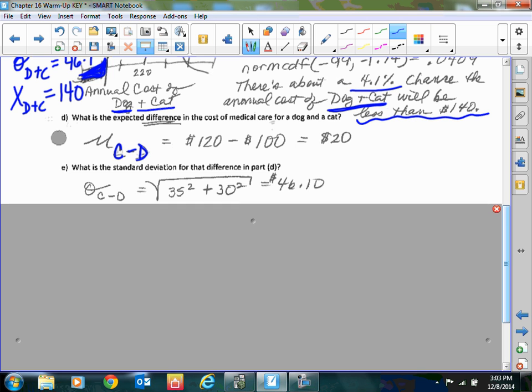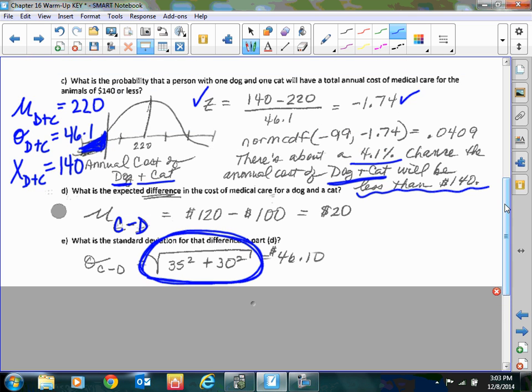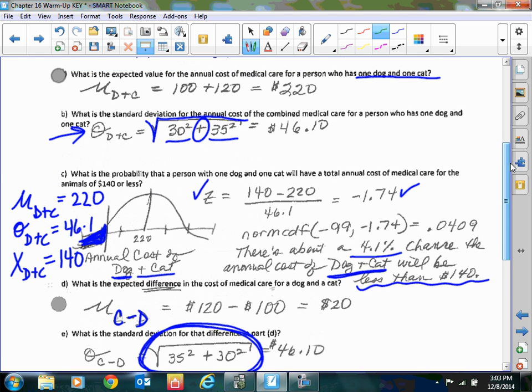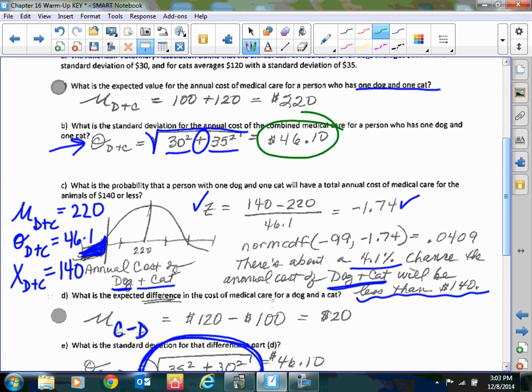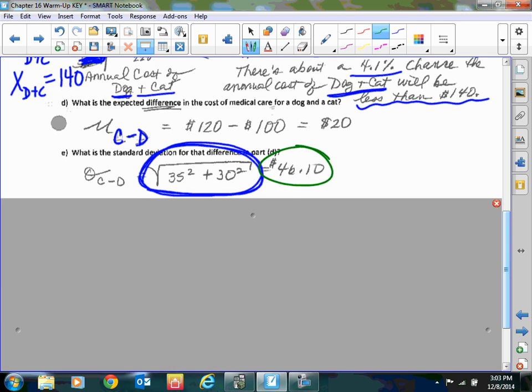But here's the interesting thing. The standard deviation for cat minus dog is still the same as cat plus dog. Do you hear me? The standard deviation for cat minus dog is the same as the standard deviation of cat plus dog.